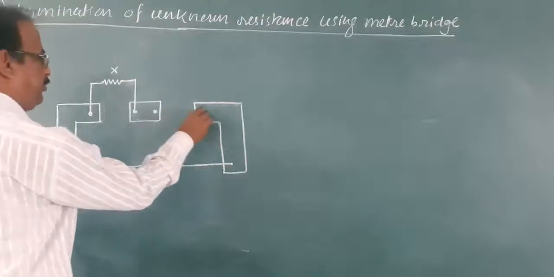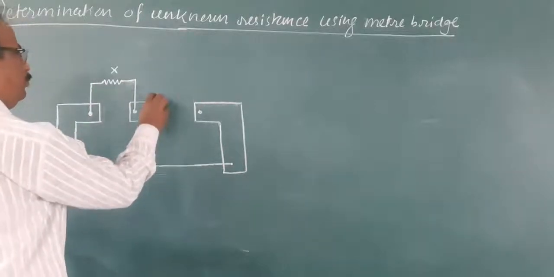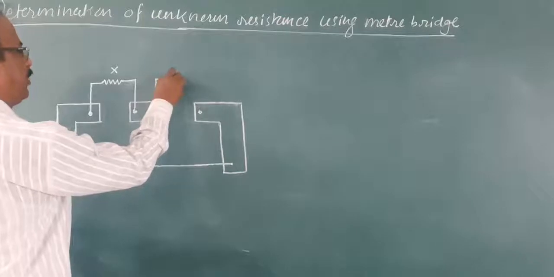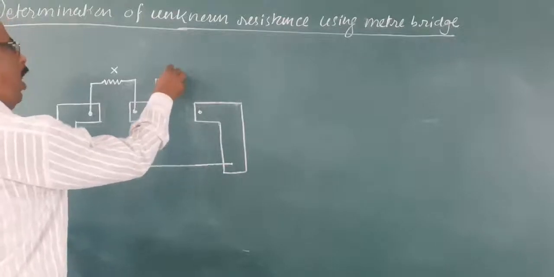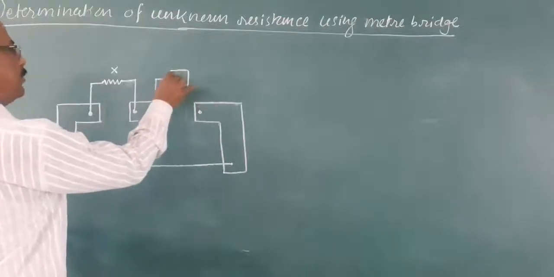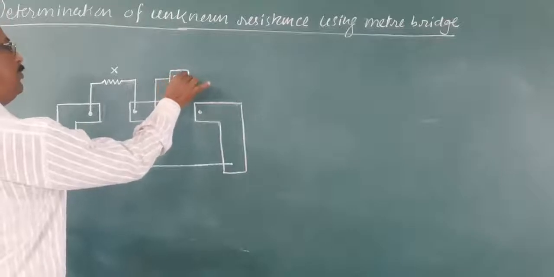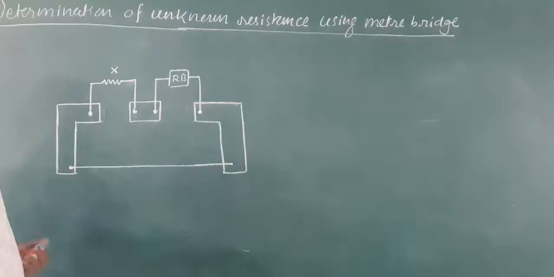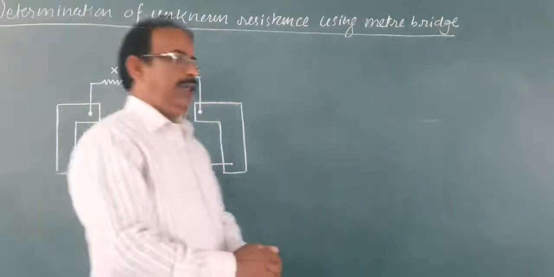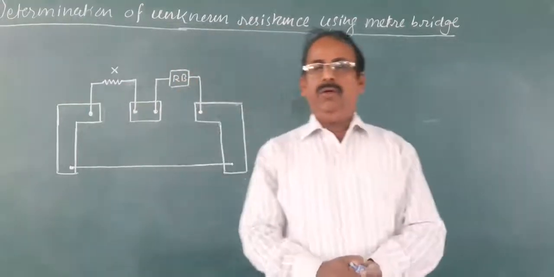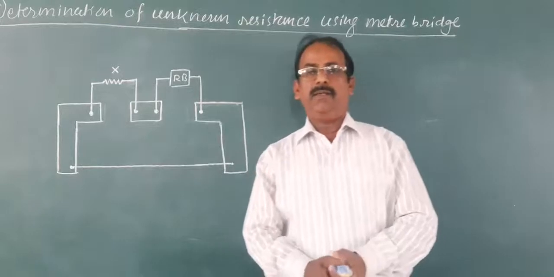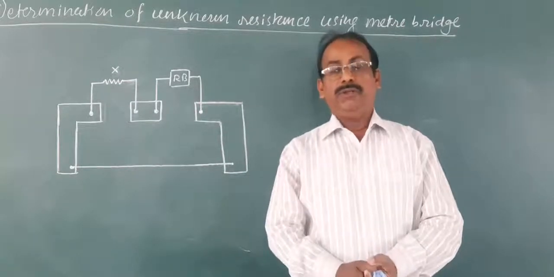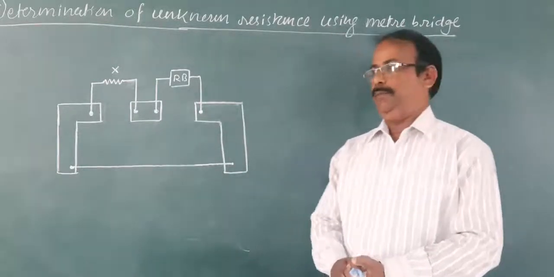While in this right gap, the known resistance or resistance box is connected. In the left gap, unknown resistance is connected, while in the right gap, resistance box is connected.